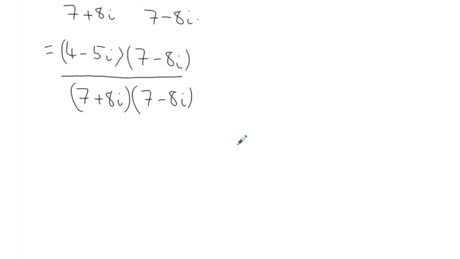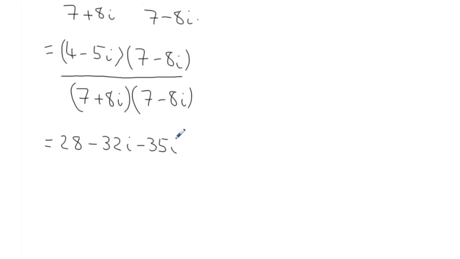So on the top, we're going to have 4 terms. Once you multiply everything together, you're going to have 4 times 7 is 28. 4 times minus 8 is minus 32, so minus 32i. And you've got minus 5 times 7 is minus 35, so minus 35i. Then you've got minus 5i times minus 8i.